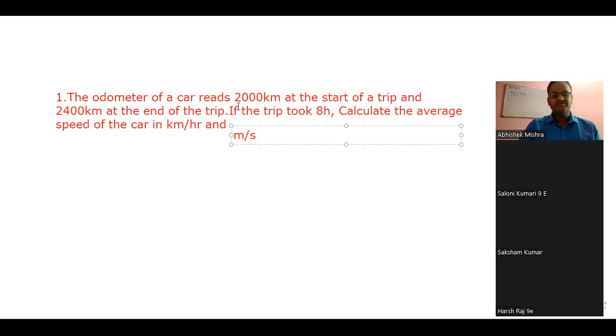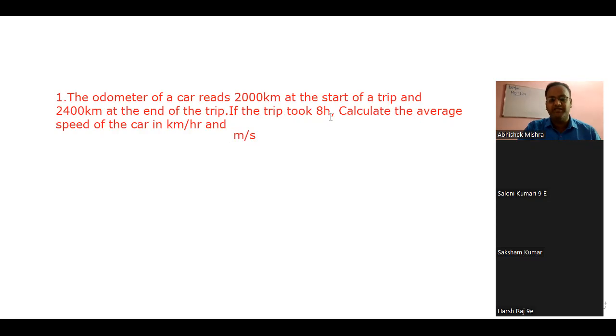Okay, so this is a question, students, where you have to calculate the average speed. The odometer of the car reads 2000 kilometer at the start of a trip and 2400 kilometer at the end of the trip.